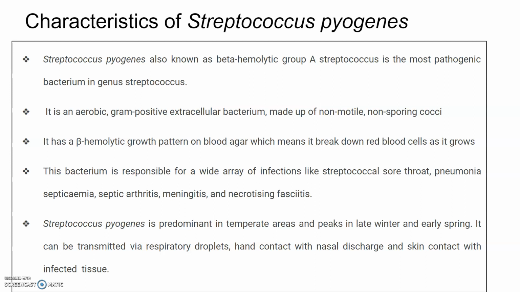This bacterium is responsible for a wide array of infections like Streptococcus sore throat, pneumonia, septic arthritis, and of course, necrotizing fasciitis. Streptococcus pyogenes is predominant in temperate areas and peaks in late winter and early spring. It can be transmitted via respiratory droplets, hand contact with nasal discharge like mucus, and skin contact with infected tissue.